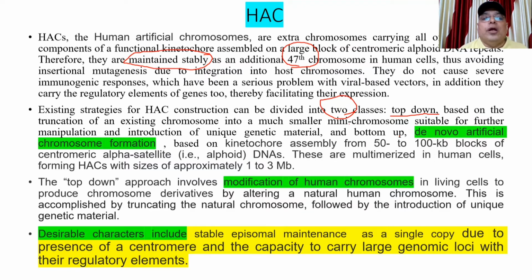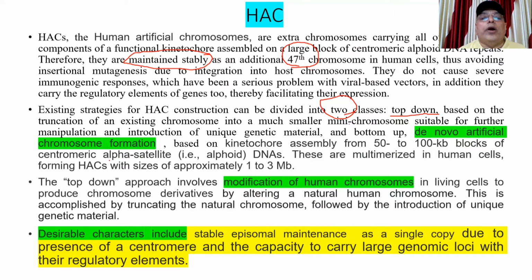Then there is the bottom-up approach. In this bottom-up approach, we produce a chromosome de novo. We produce a new, artificial chromosome based on kinetochore assembly. We have already studied that there is alpha satellite DNA inside the centromere.